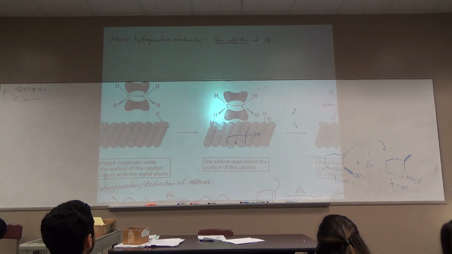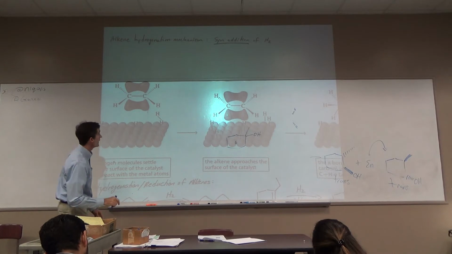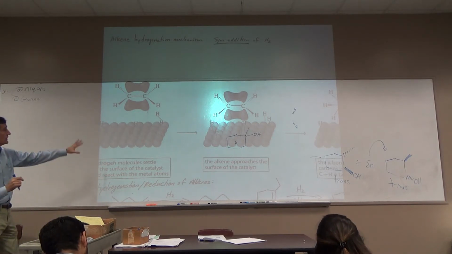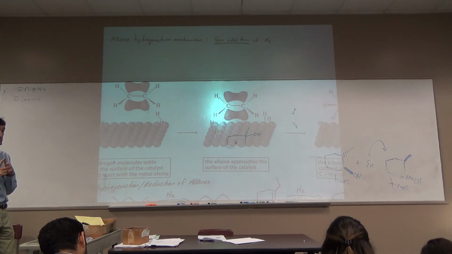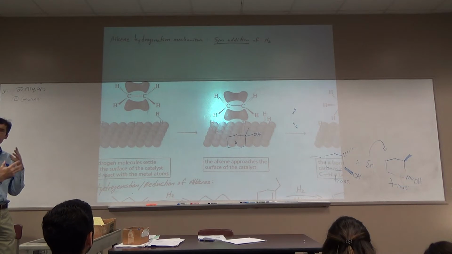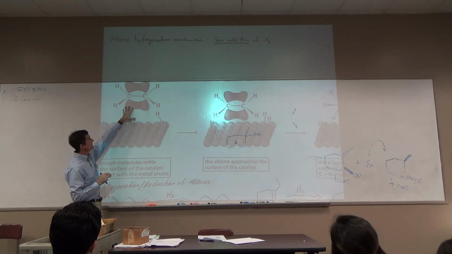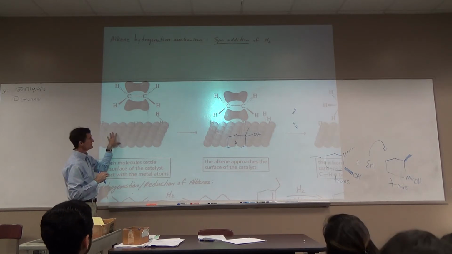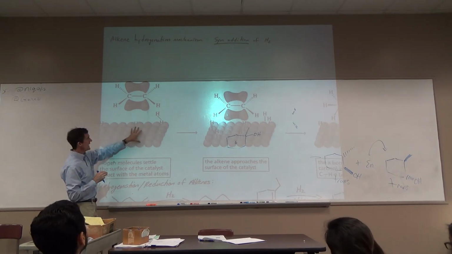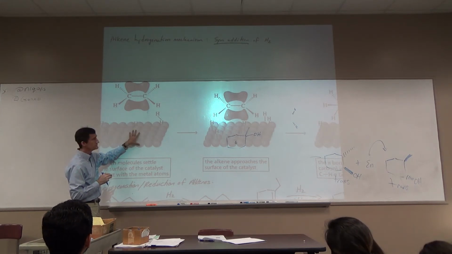This means the same side. Okay? What is sort of known here, again, no arrow pushing really. But I'm just saying it, instead of just saying pure magic, we're going to kind of look at some detail. The alkene, with the pi bond, approaches the metal surface. Well, also the hydrogen sort of absorbs to the metal surface.